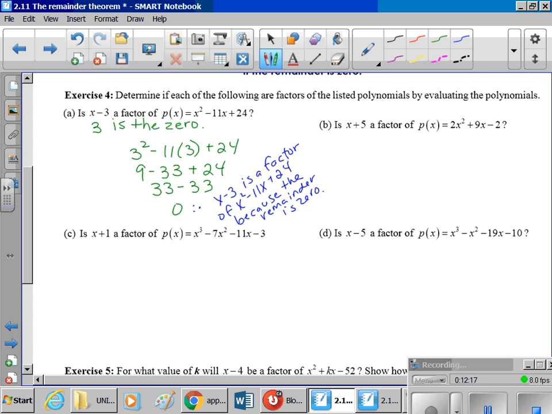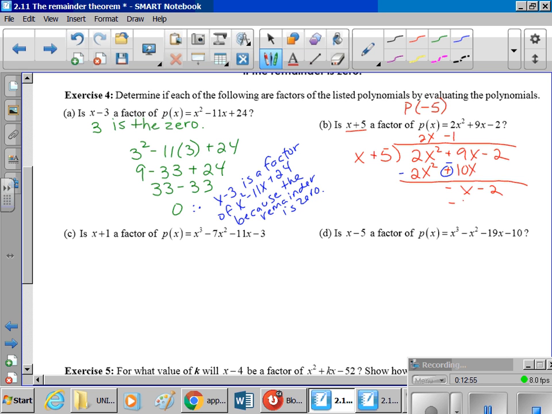So in other words, you can go back and do it the long way over here. I could say p of, it's x plus 5, so I would check p of negative 5 to be the 0. Or we can do it the long way and do x minus 5 into 2x squared plus 9x minus 2. So once you do this whole thing out, you get 2x here, which is 2x squared plus 10x. We change the signs to a negative and a negative. So we get negative x minus 2.